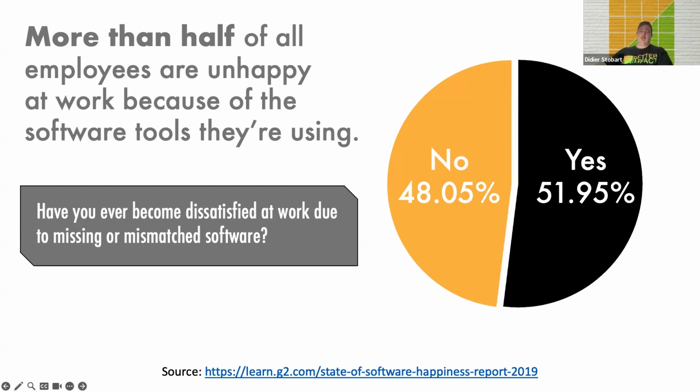This could be, like we mentioned before, the disconnected tools, using too many tools to do similar things in the organization, making it harder for the staff. It could be using things like Excel that doesn't keep the privacy of information. But it's quite alarming that more than half of staff are unhappy with the software they're using.